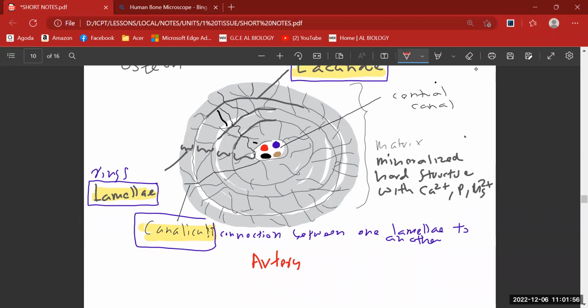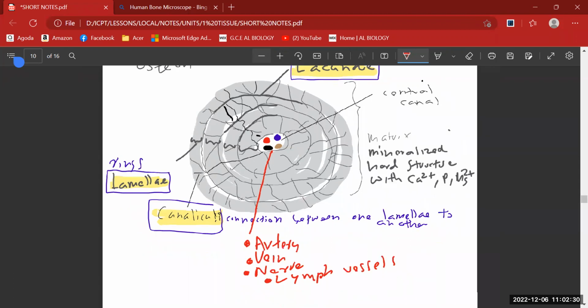Artery, vein, nerve, lymph vessels. The rings of osteons are lamellae.